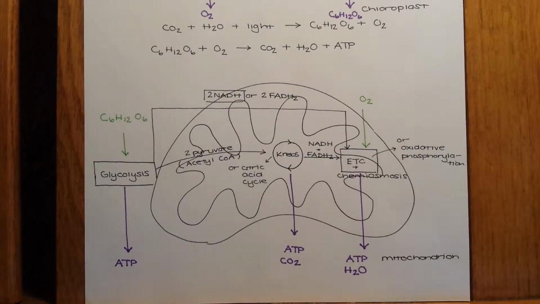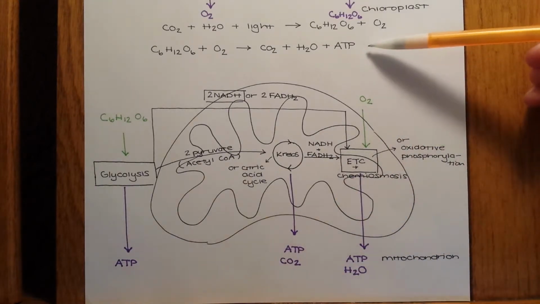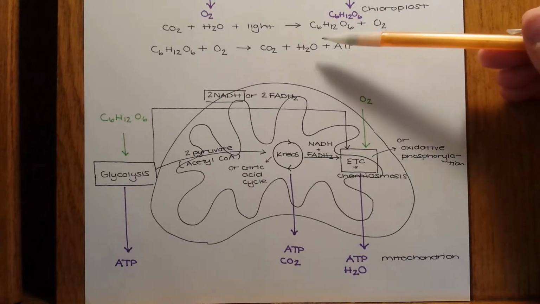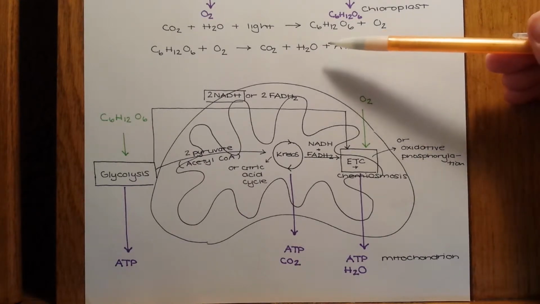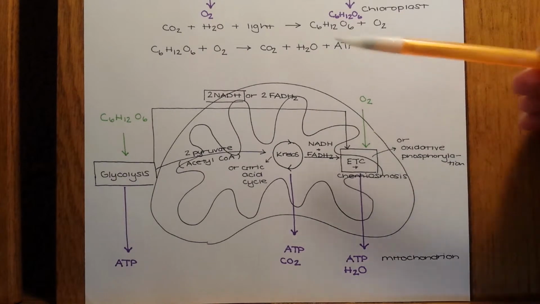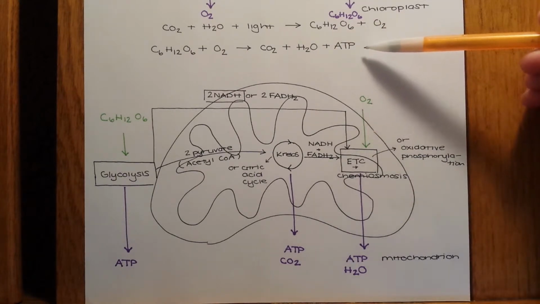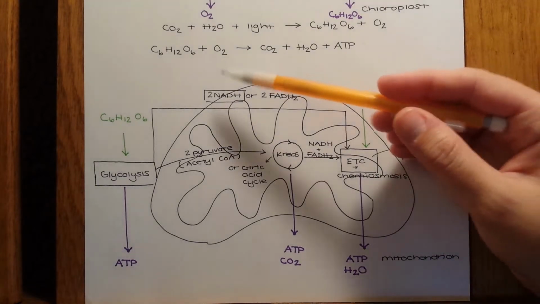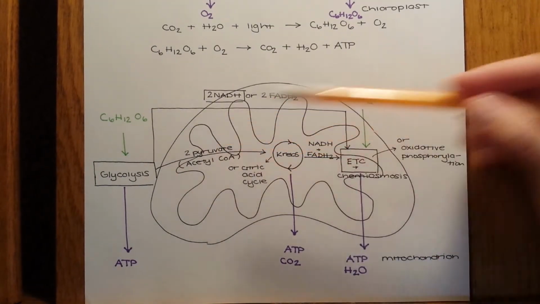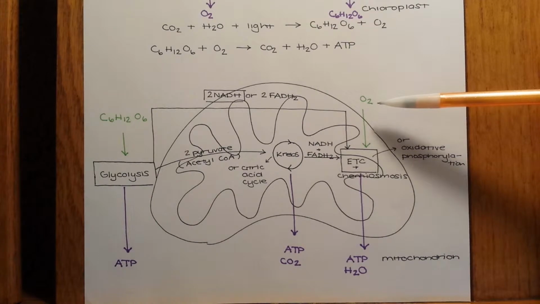So some other things to look at. Remember here, this bottom equation, C6H12O6 or glucose plus O2 or oxygen, makes carbon dioxide, CO2, water, H2O, and ATP. So this is the chemical formula for cellular respiration. If you look, you can see where our glucose and our oxygen are going into this process.